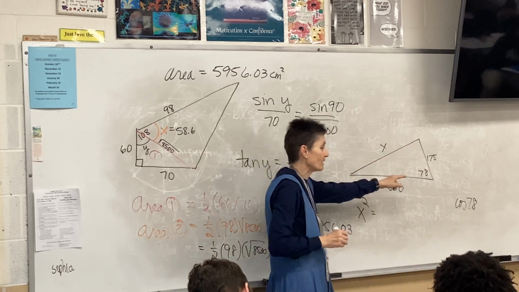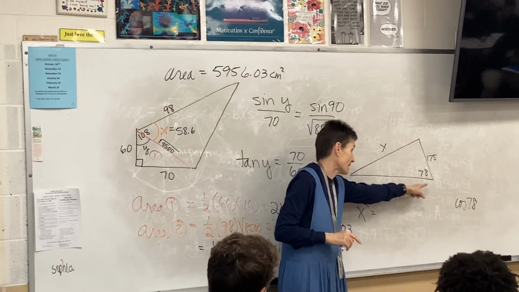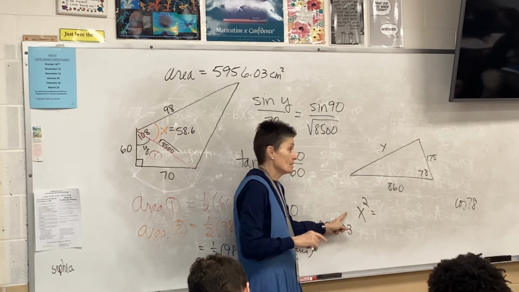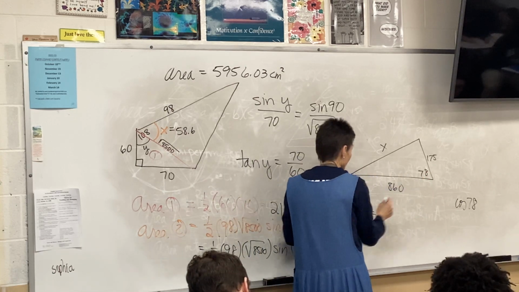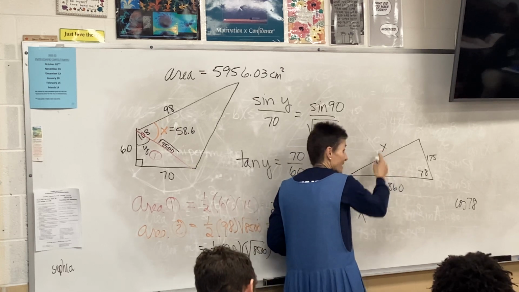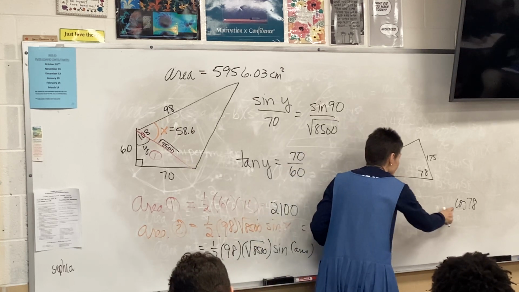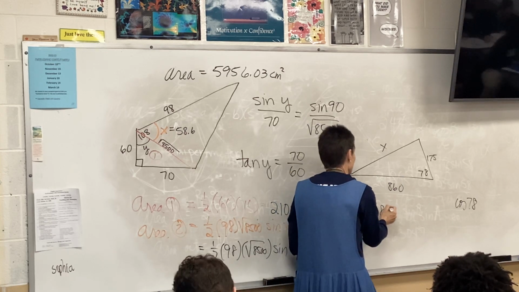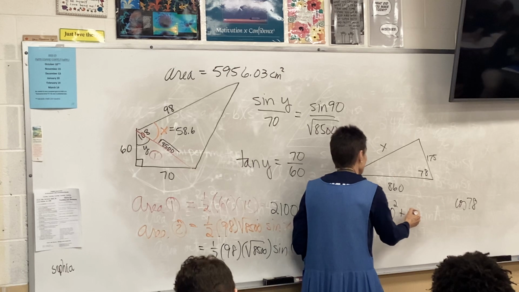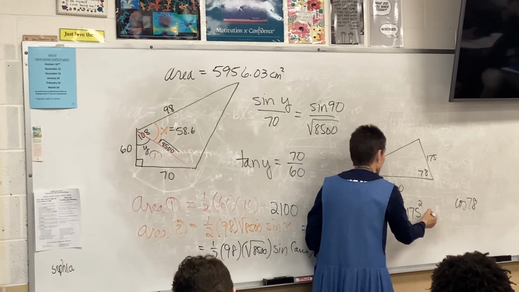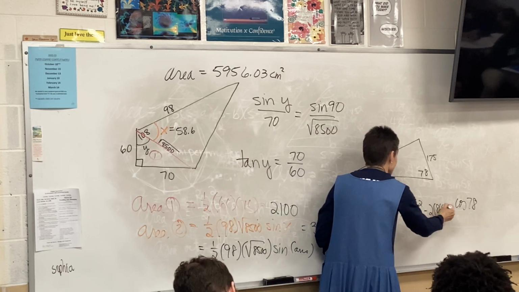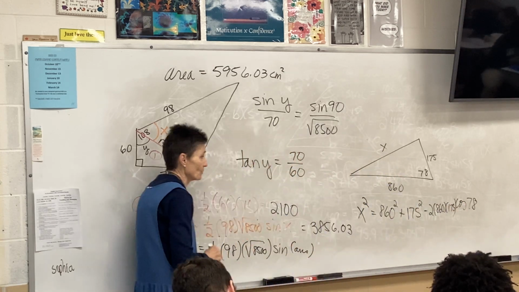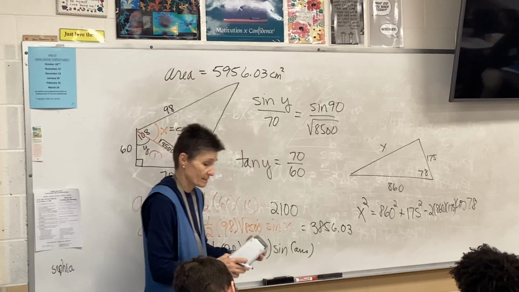Remember, whatever angle you're using, in this case you don't have a choice, that's your only angle, it bookends the problem. So you put cosine 78 out there, you're going to put x squared here, its side. And then all this in the middle is going to be a combination of 860 squared plus 175 squared minus 2 times 860 times 175. That's the pattern for the law of cosines.